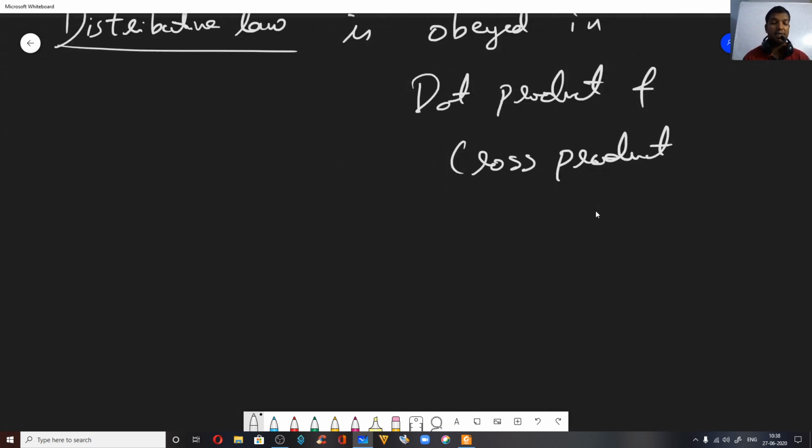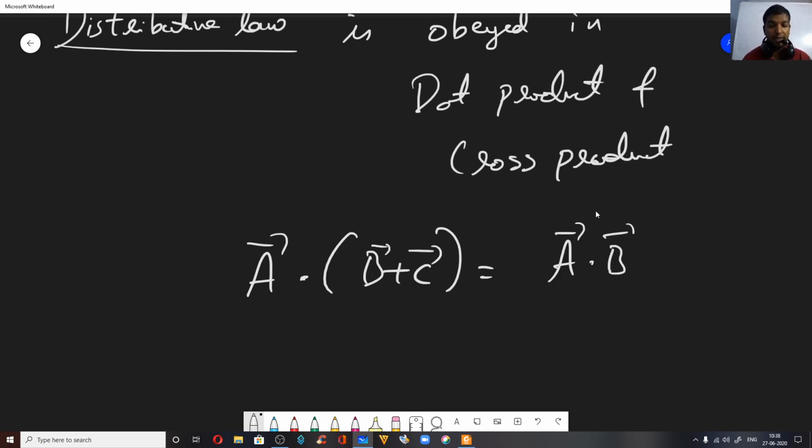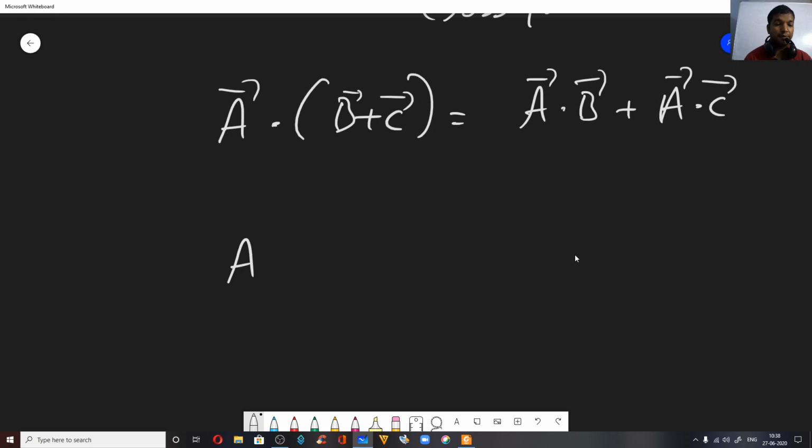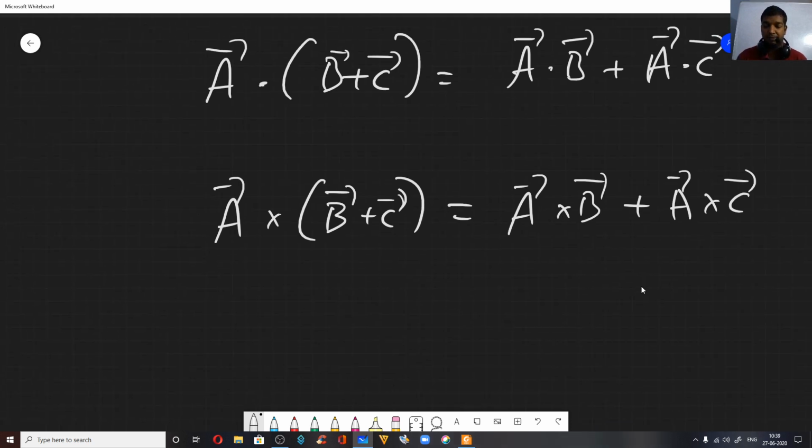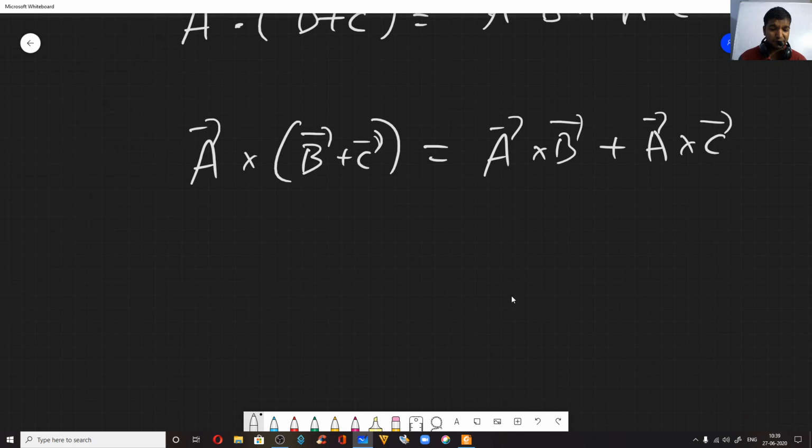A dot (B plus C) is equal to A dot B plus A dot C, correct? In the same way, for cross product, A cross (B plus C) you can easily write as A cross B plus A cross C. So the distributive law is obeyed for both dot product as well as cross product. Remember this, right?